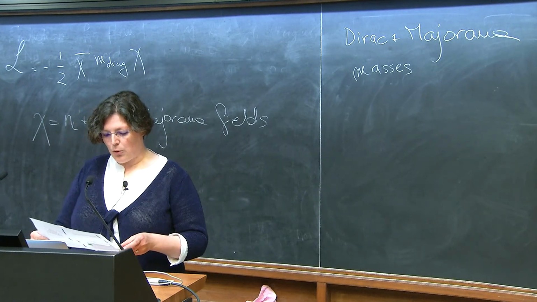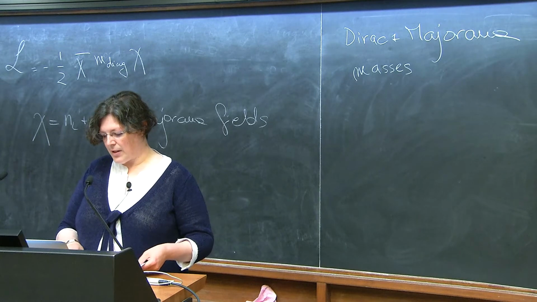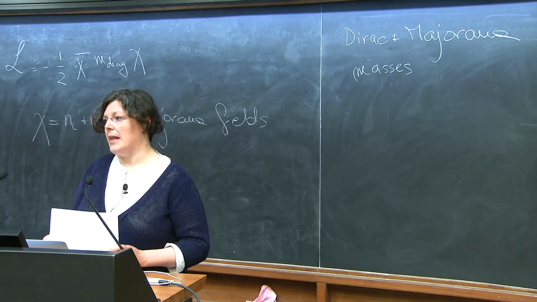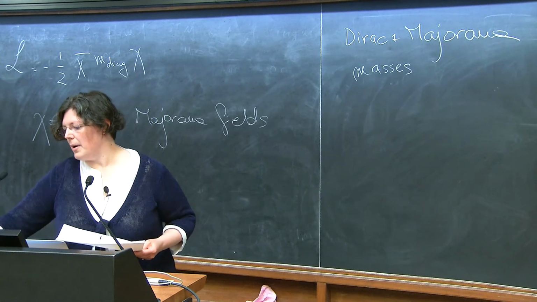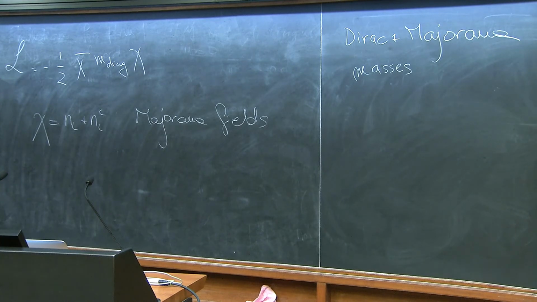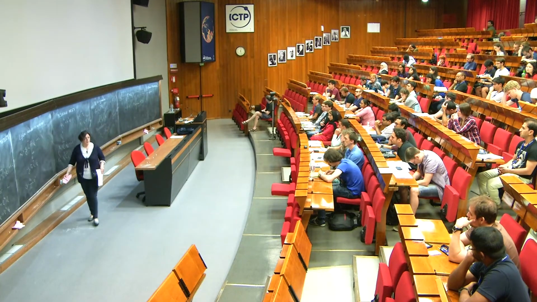So what I want to do instead is look at the physics beyond the standard model. How are we going to explain a Majorana mass term from extending the standard model? Let's start with the minimal extension you can possibly do.